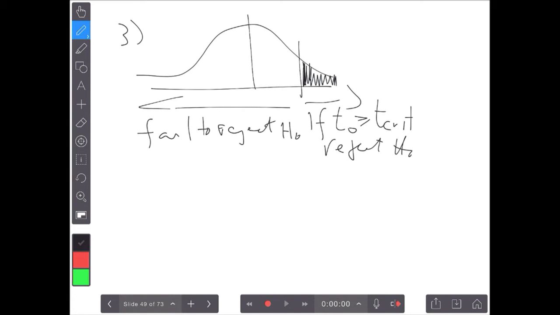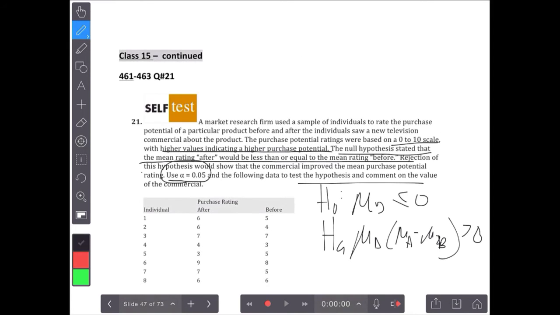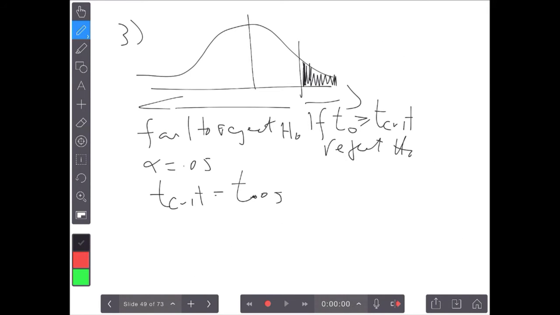So what is that critical value? Because it's a one-tailed test and alpha is 0.05, then basically our T critical is T 0.05. And it turns out that we have how many values in our data? Let me just go back and see how many values we had in our data set. I believe we had 8 values in the data set, which means that our degrees of freedom would be 8 minus 1, which is 7 degrees of freedom.